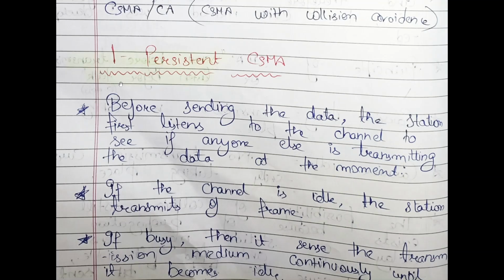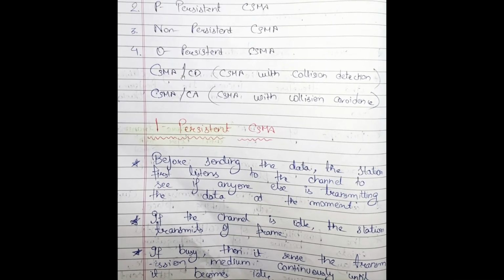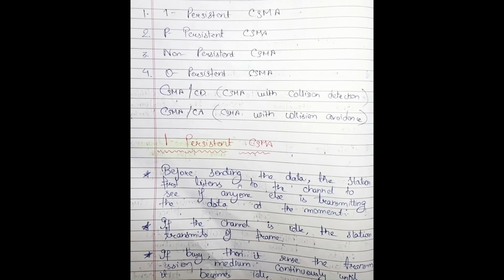In 1-persistent CSMA, before sending the data, the station first listens to the channel to see if anyone else is transmitting at the moment. If the channel is idle, the station transmits the frame. If busy, it senses the transmission medium continuously until it becomes idle.